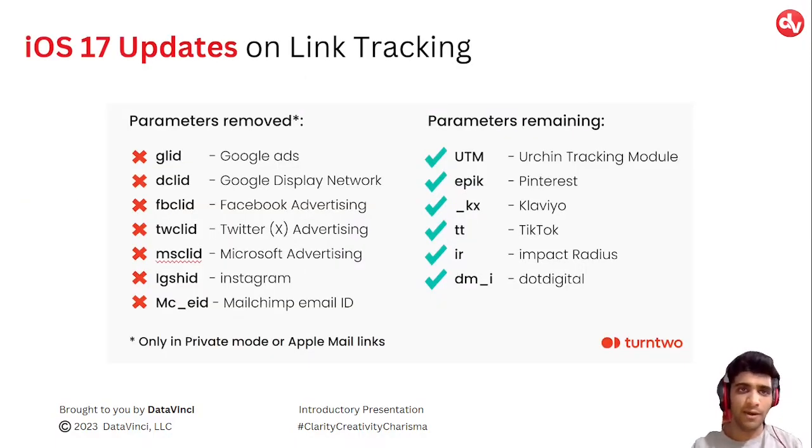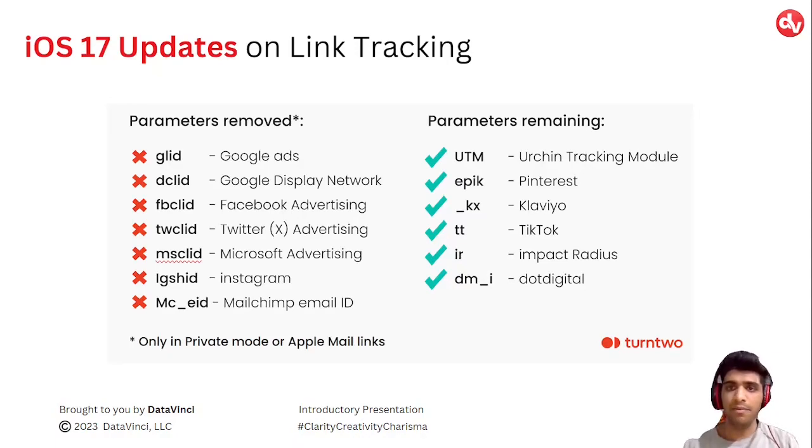Now talking about the iOS 17 updates on link tracking, how is that going to impact the attribution? According to the iOS 17 update, the click identifiers such as the GCLID, the FBCLID, the MSCLID, which are all click identifiers used by the advertising platforms, would be trimmed off the landing page URL.